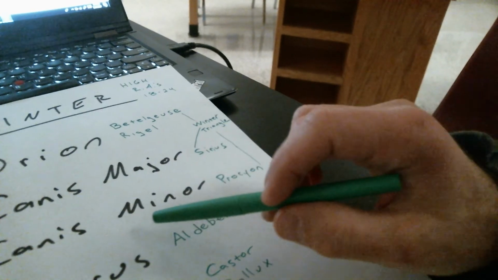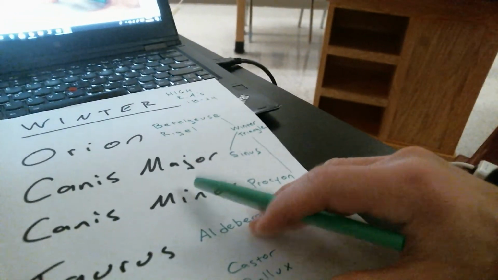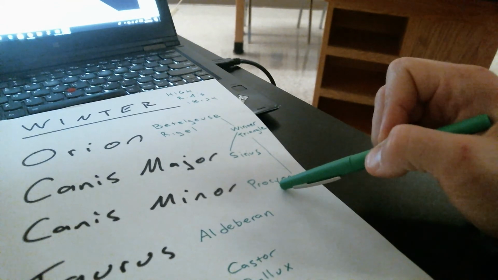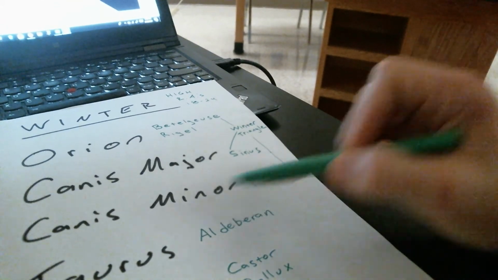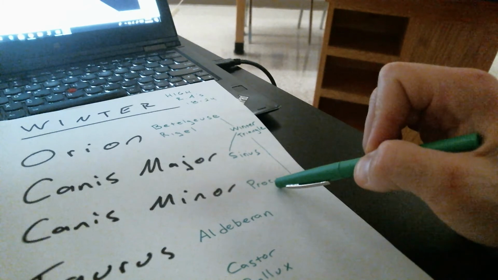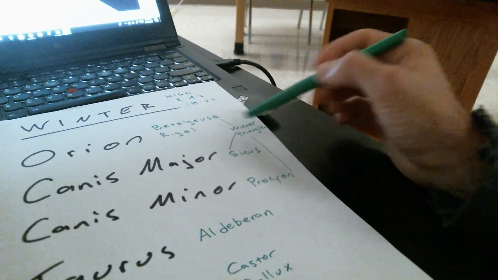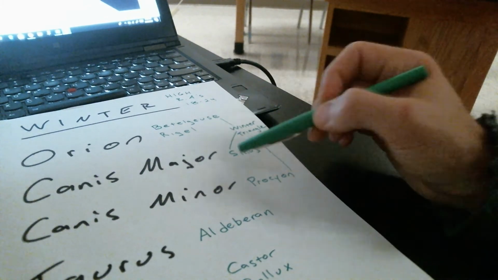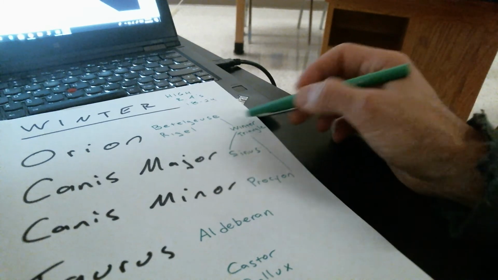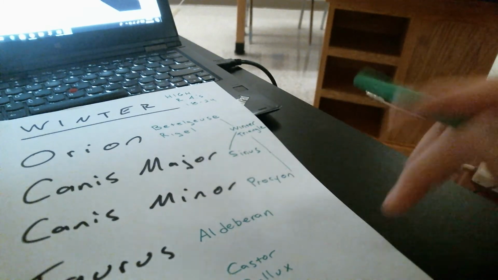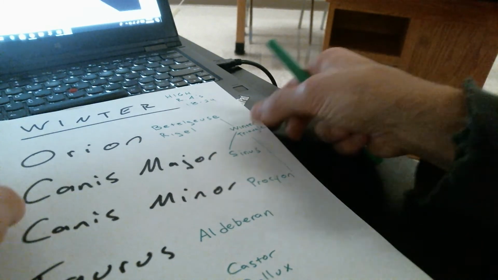And then Canis Minor, the little doggy, has a star called Procyon, which is a very significant star in the sky. So what you see here is a line going from Betelgeuse and Sirius and Procyon to this is the winter triangle. All right, and that is something else I want you to remember.